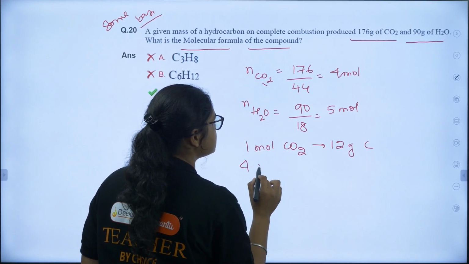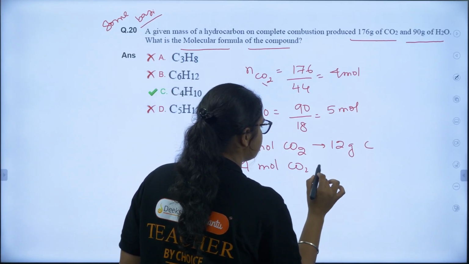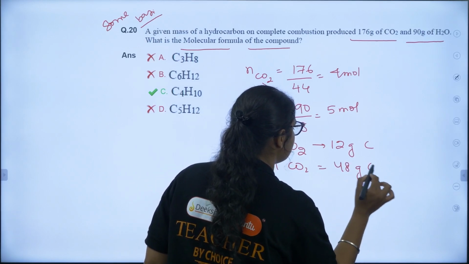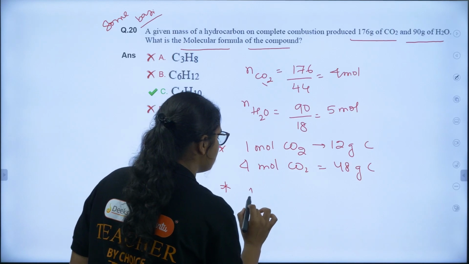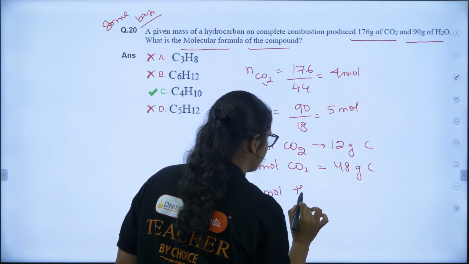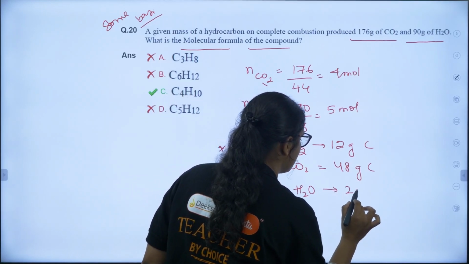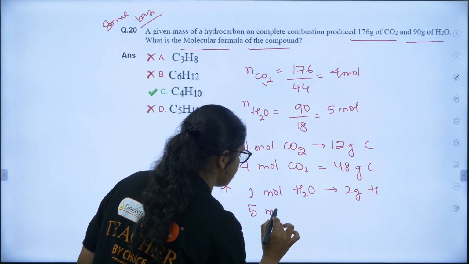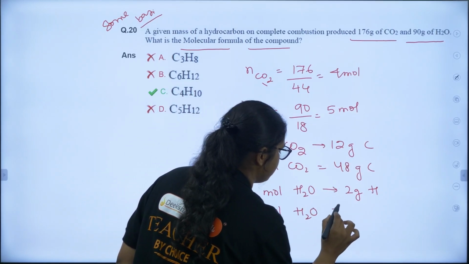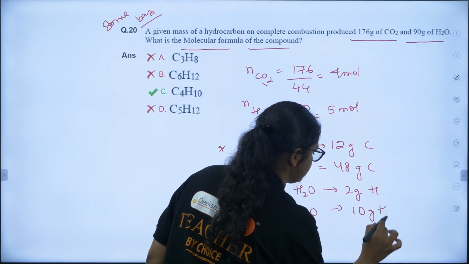So in 4 moles of CO2 we will have 48 gram of carbon. Okay, now similarly for water, in 1 mole of H2O we have 2 gram of hydrogen, and then if you have 5 moles of H2O, we will have 10 gram of hydrogen, right?